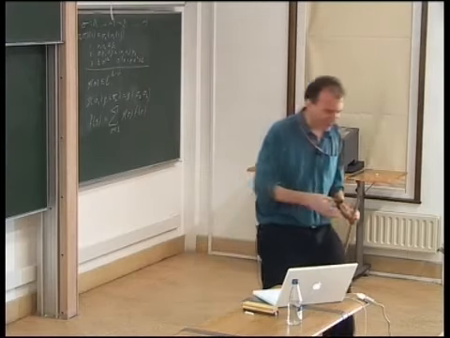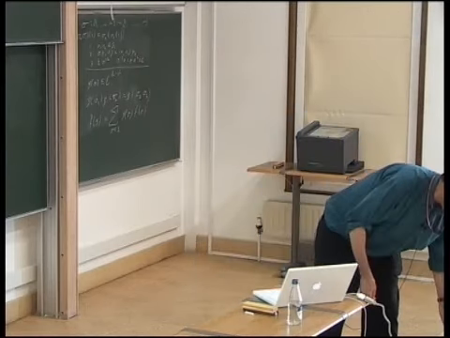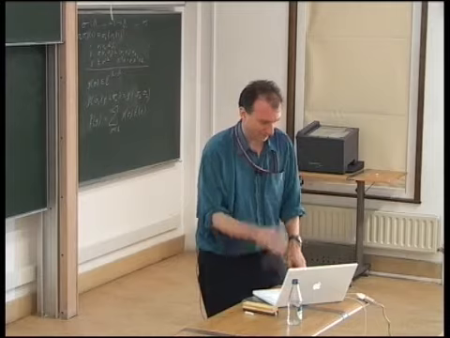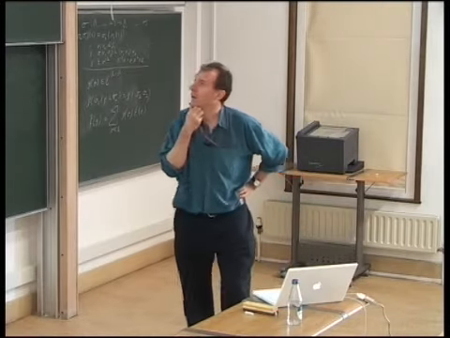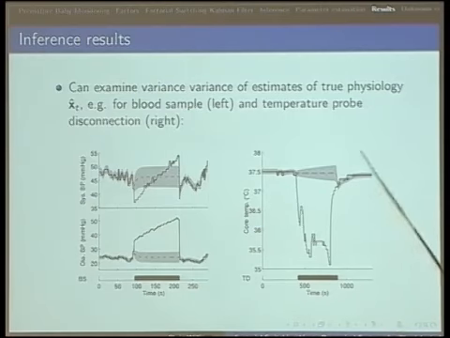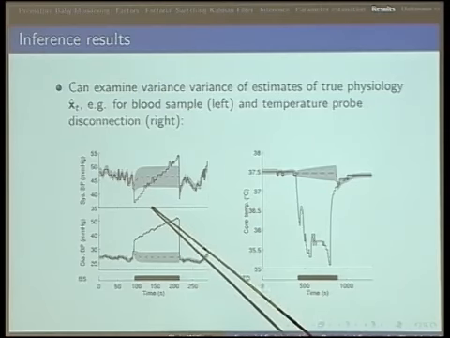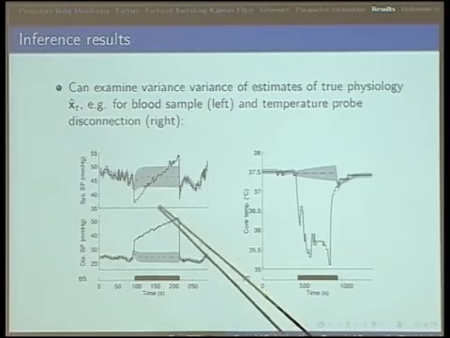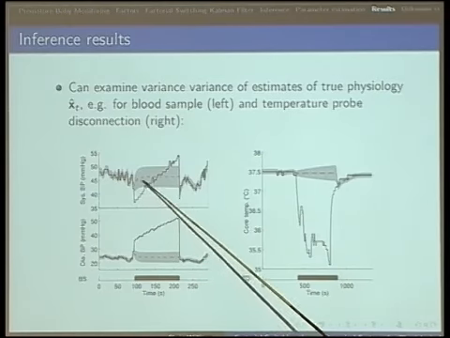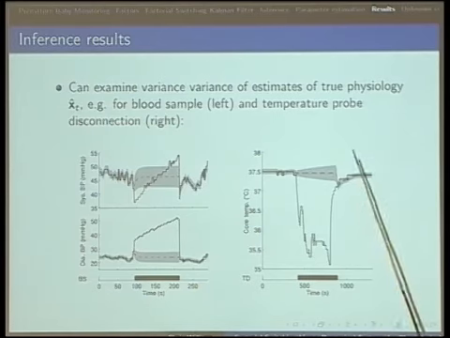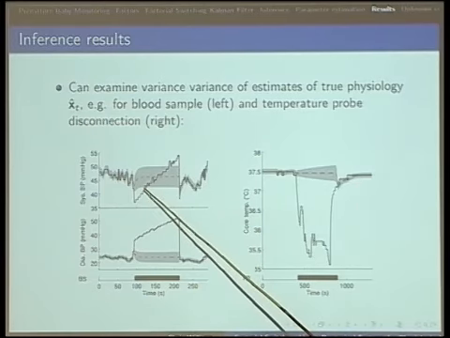So just the kinds of things that you'd expect, essentially, from a sort of probabilistic expert system are the kinds of things that are happening here. And there are other examples. When you see an artifact going on in the systolic and diastolic blood pressure due to the blood sample, you'd expect that the state for, say, the blood pressure here would evolve under the system dynamics.